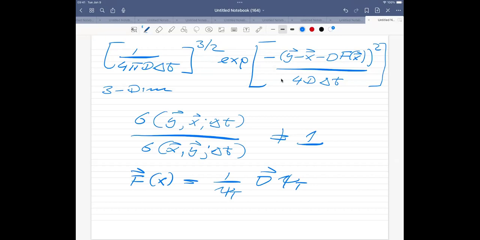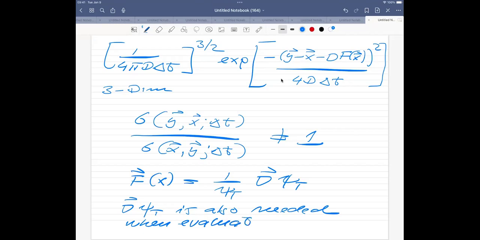And this first derivative is also needed when evaluating the second derivative with respect to psi of t. So these are computational elements which we need to think of.